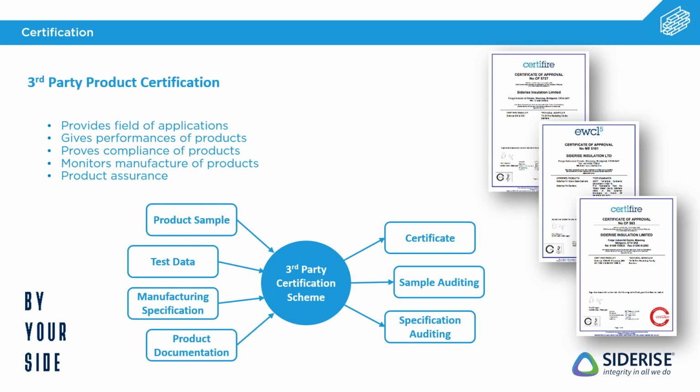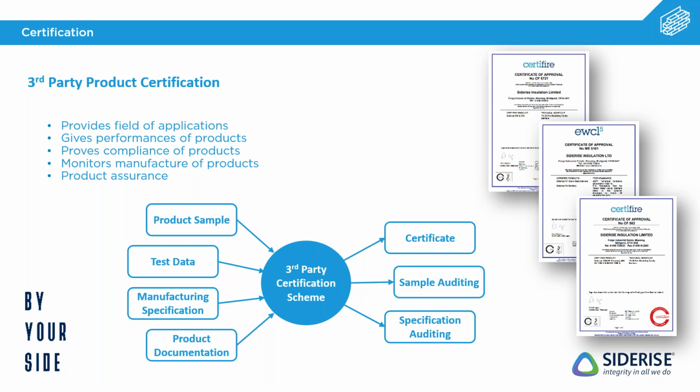So this is where certification comes into play, quite often led by the test houses themselves, being full of fire engineers. What they'll do is take the test data, often from multiple tests, product samples, any technical information and manufacturing specifications of that product.